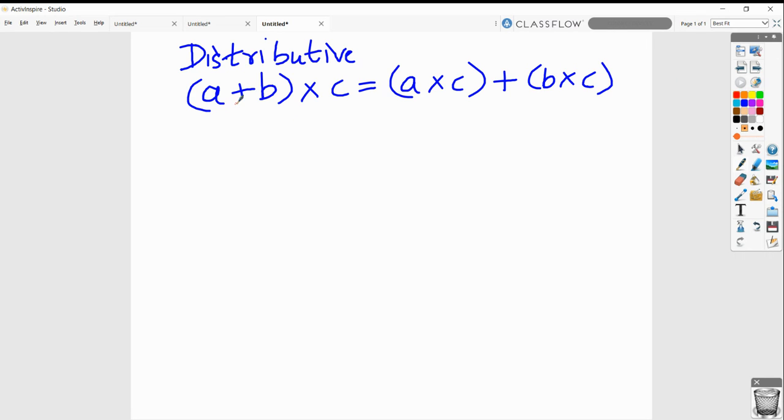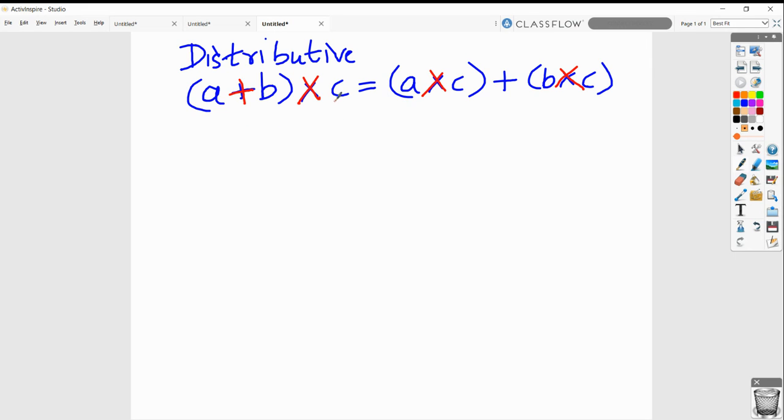If you see here, there's an addition and there's a multiplication, two different operations. Addition is inside the parenthesis, multiplication is outside the parenthesis. What is happening? The multiplication has come inside the parenthesis, and the addition, which was inside the parenthesis, has come outside.